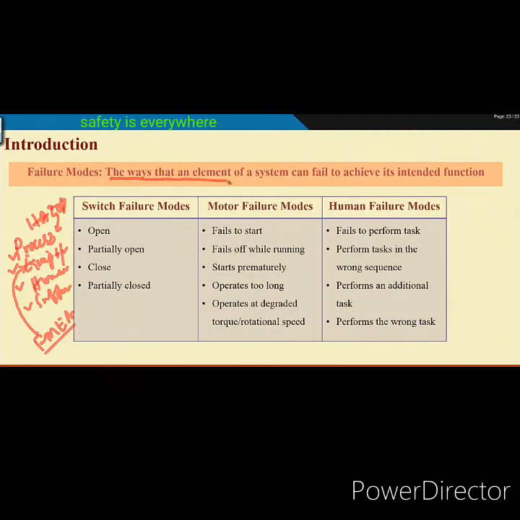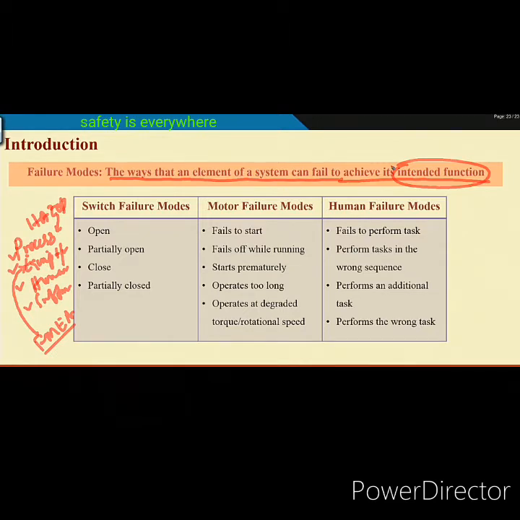Failure modes mean the ways that an element of a system can fail to achieve its intended function. Please keep in mind that the intended function is very important, because whether it is a system, subsystem or component, whatever we have developed is for certain purposes. Even a valve has an intended function.